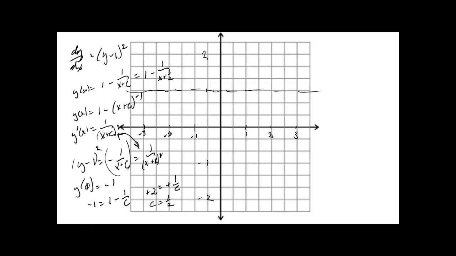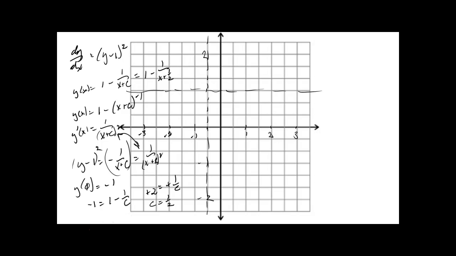So x equals minus 1/2 would be right here. This is going to be a vertical asymptote. You cannot ever touch or cross that.